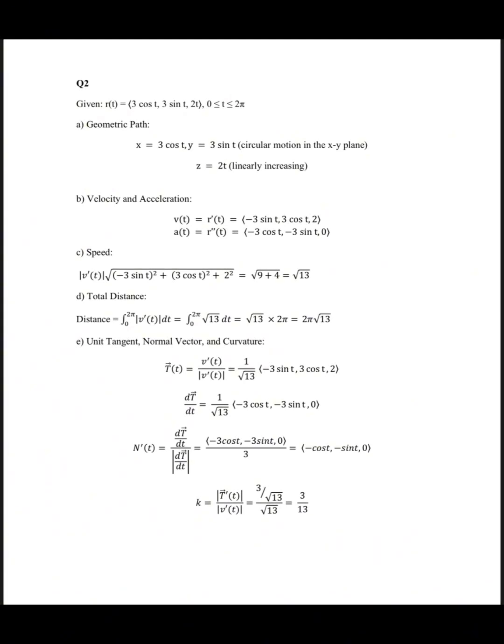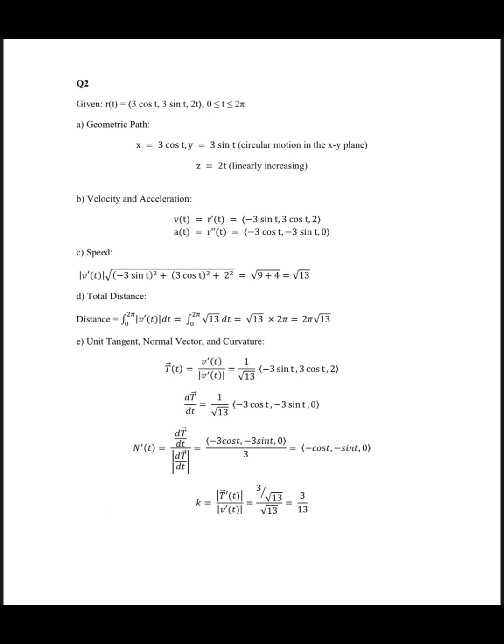And for question C, which is speed, the magnitude of r prime of t is equal to square root of negative 3 sin t squared plus 3 cos t squared plus 2 squared, and the summation is equal to square root of 9 plus 4, which is equal to square root of 13.